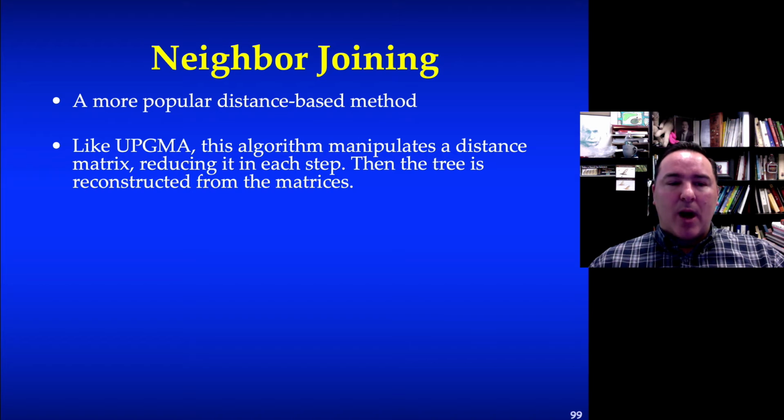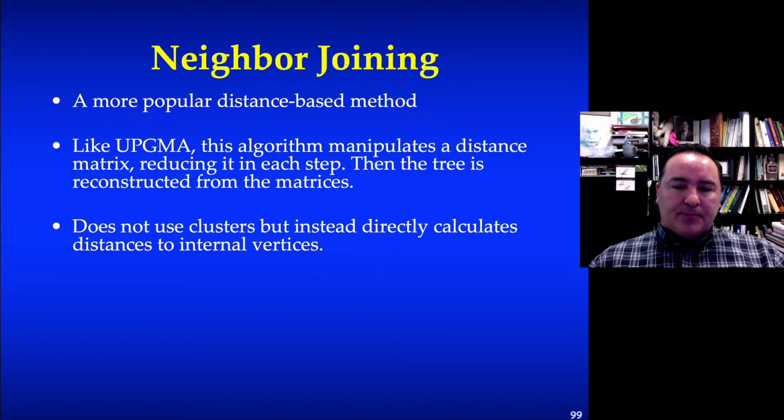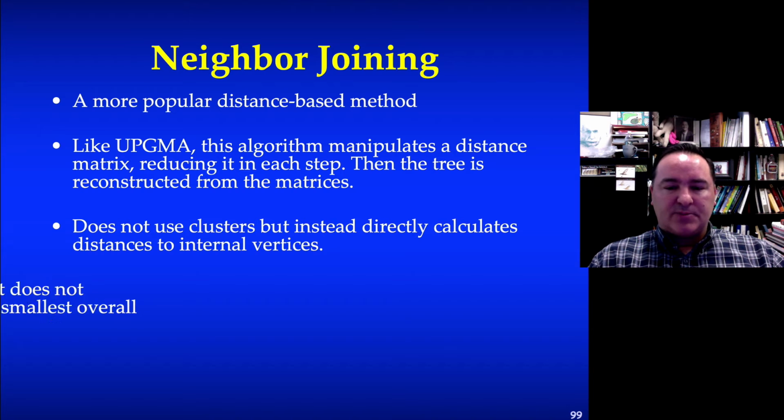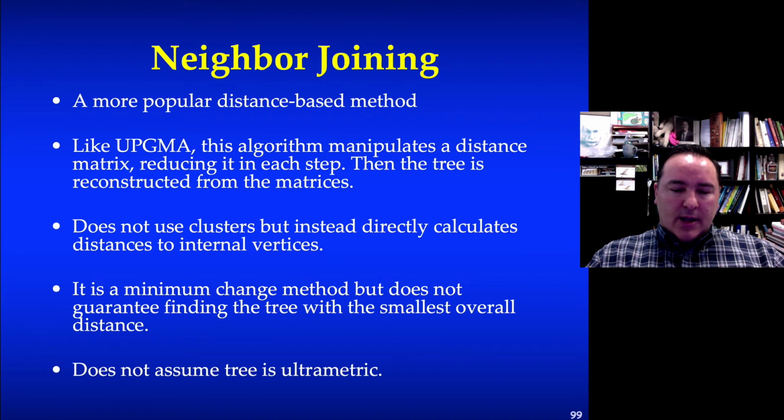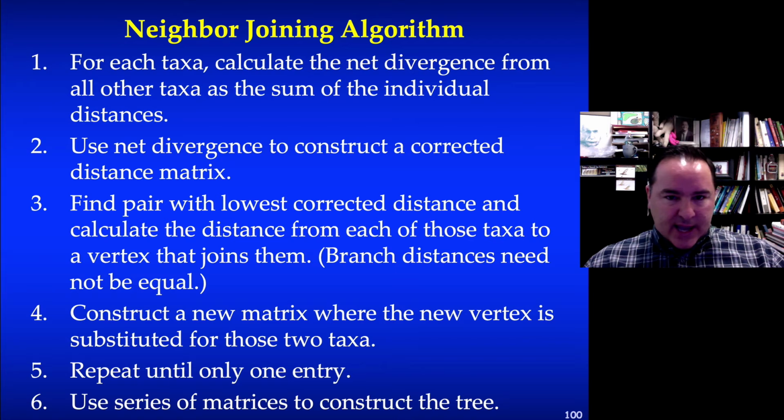So this is a much more popular method, okay? And it uses a slightly different version of the logic that we just went through, but it's pretty similar. And so it does these steps where you take each taxa, you calculate the net divergence from all other taxa, you use the net divergence to construct a corrected distance matrix, you find pairs with the lowest corrected distances, you put those together first, you get a new matrix, you keep doing that.